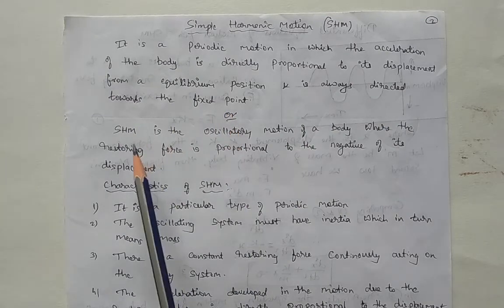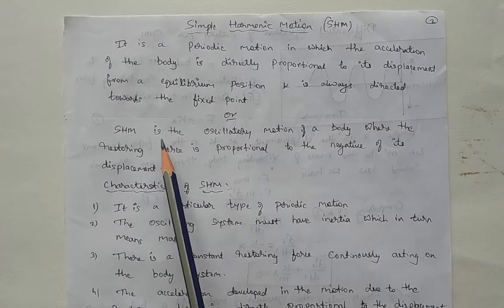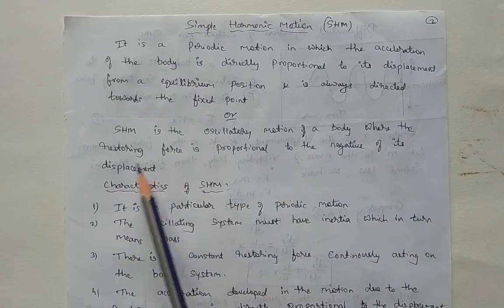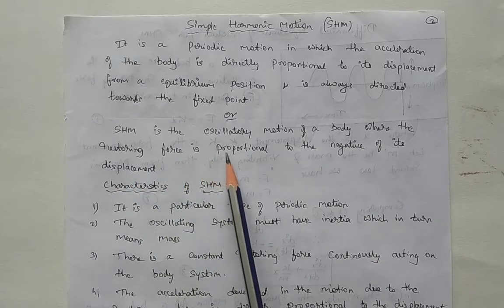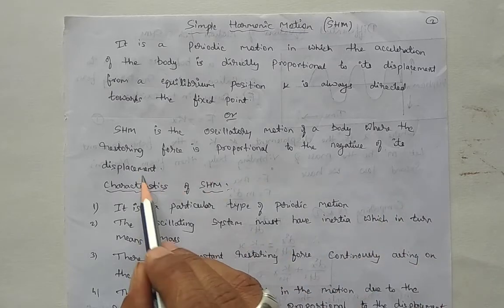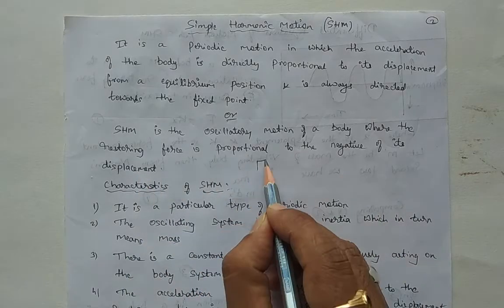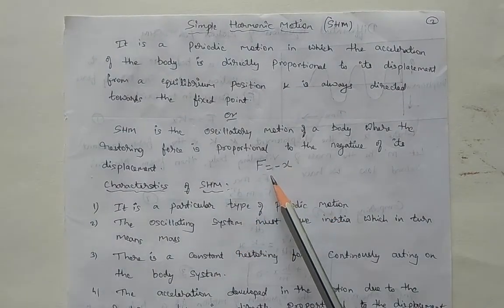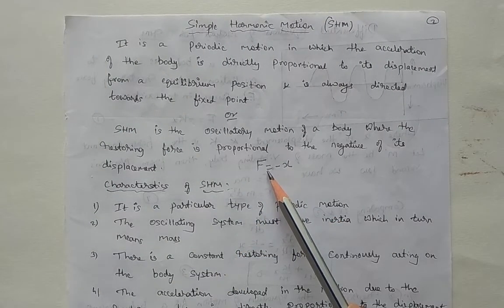Or in simple words, SHM is the oscillation where the restoring force is proportional to the negative of its displacement. F is equal to minus x, that itself gives the definition for simple harmonic motion.